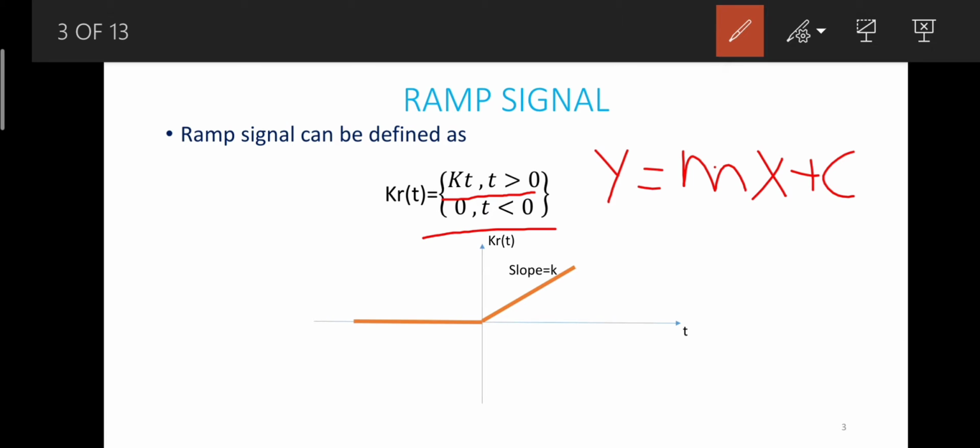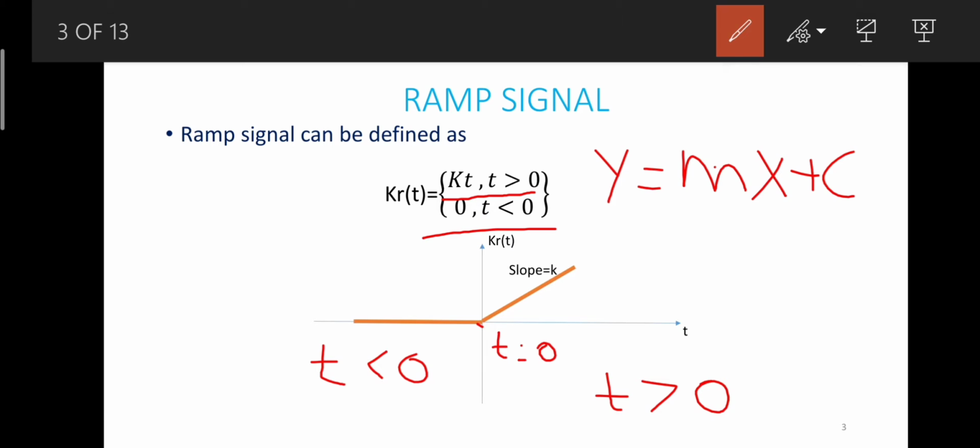On the x-axis it is t, and on the y-axis it is K into r of t. For negative time it is 0, that is, negative time means t less than 0, it is this part, and t is equal to 0 is the origin, and this part is t greater than 0.